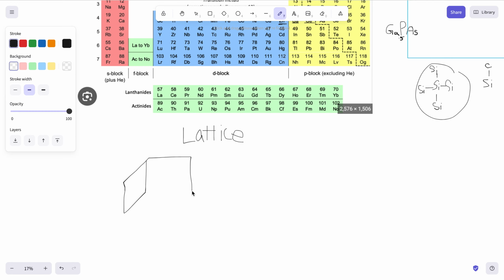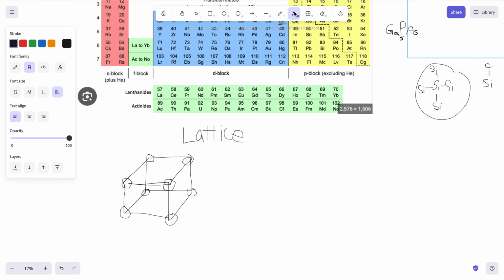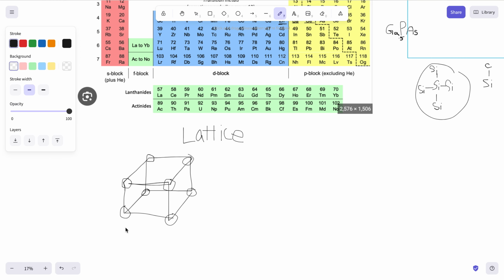The first kind that we'll talk about is simple cubic lattices, which is where you just have an atom on every single corner. And so this is how the atoms bond together. We'll label this as simple cubic.